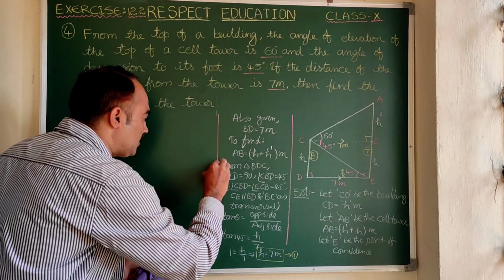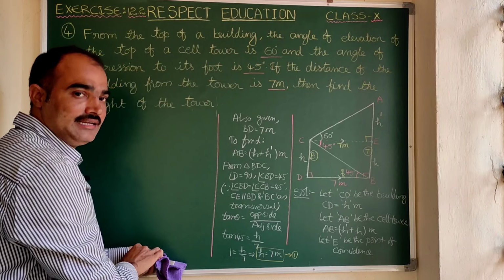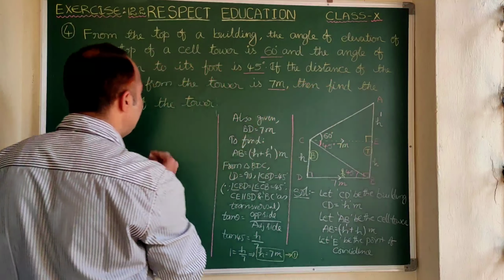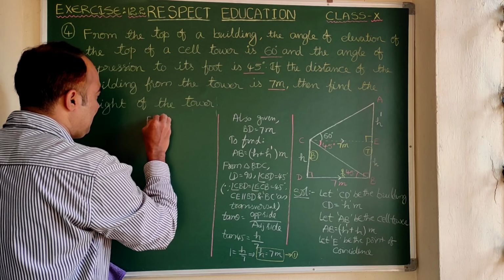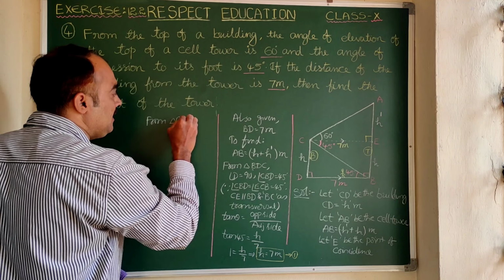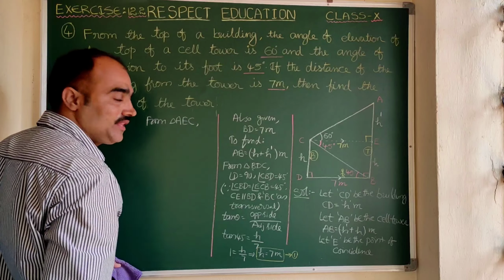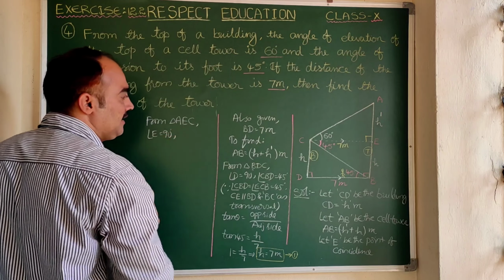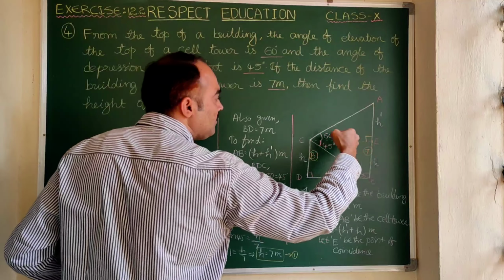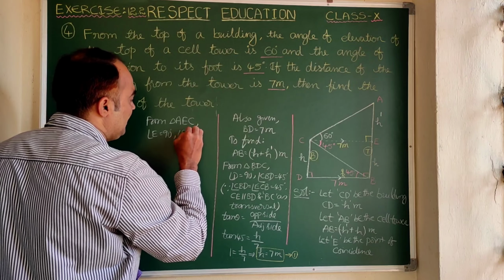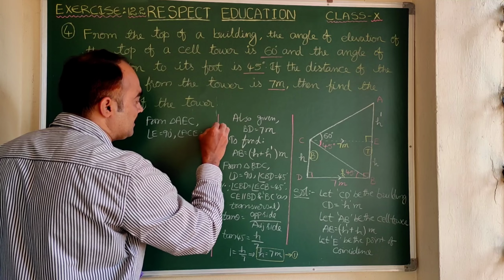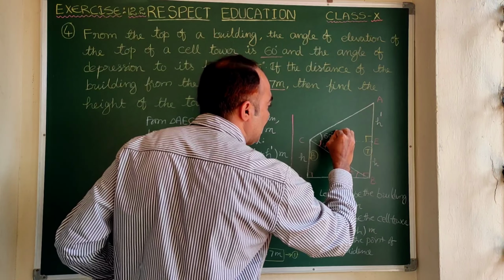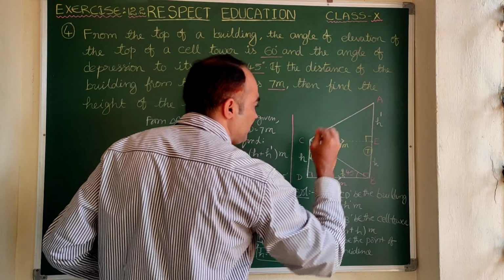Now we are going to consider another right angle triangle, triangle AEC. From triangle AEC, angle E is equal to 90 degrees and angle ACE is equal to 60 degrees. Just imagine that we are standing at 60 degrees.